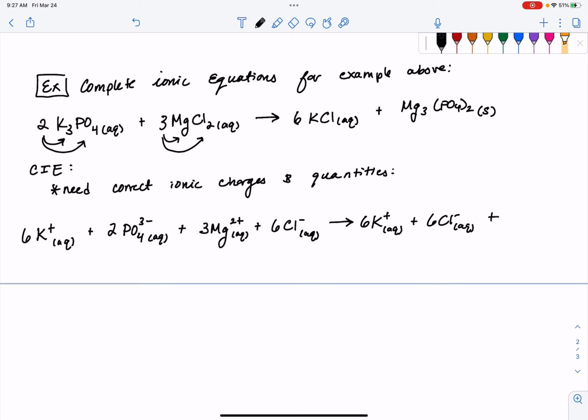And then because this is our precipitate, meaning it is not soluble in water, this is going to remain undissociated as magnesium phosphate solid. So plus magnesium phosphate solid.